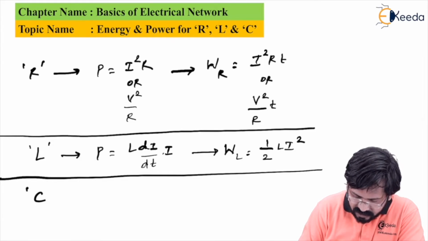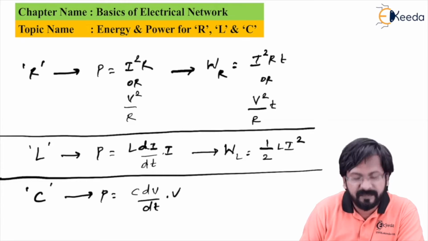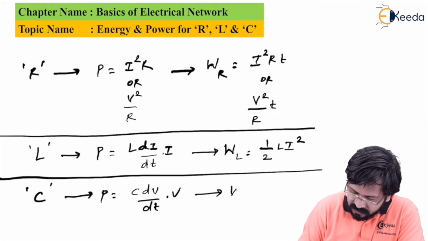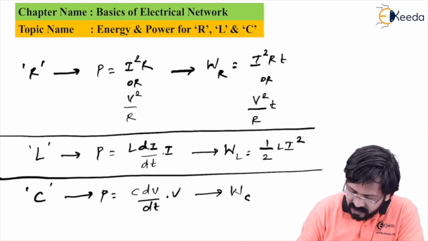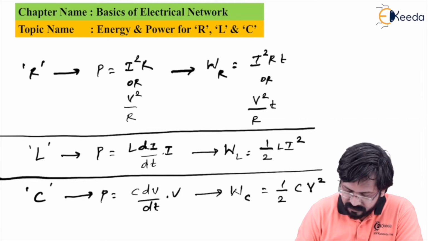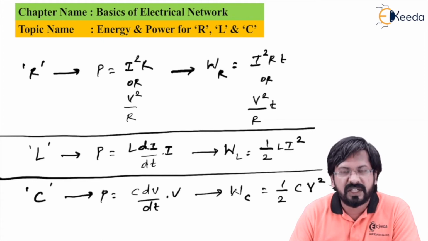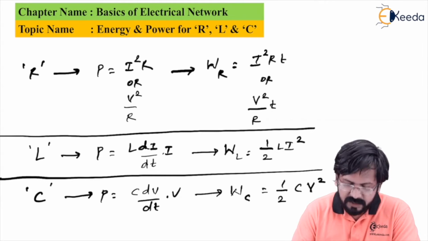For capacitor C, the power was C into dV by dt times V, for which we got energy as half times C V square. Again, the unit is joules. So this is how we have derived the formulas for energy associated with RLC along with their respective powers also.